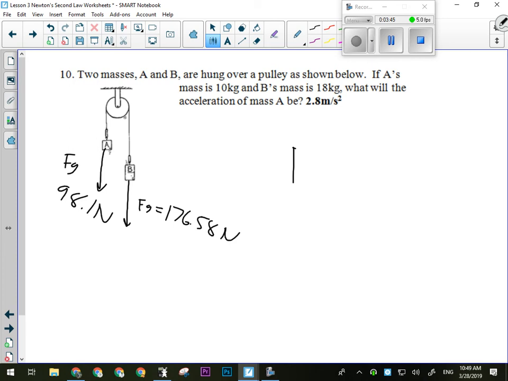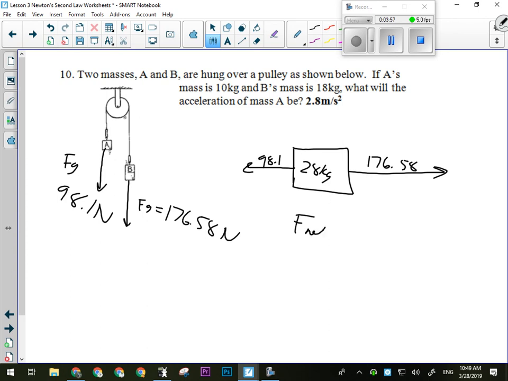Then we can simplify the free body diagram to be 28 kilograms being pulled this way by 176.58 and this way by 98.1. Calculate our net force: 176.58 minus 98.1 should be 78.48 newtons. Then I calculate my acceleration, F net over m.